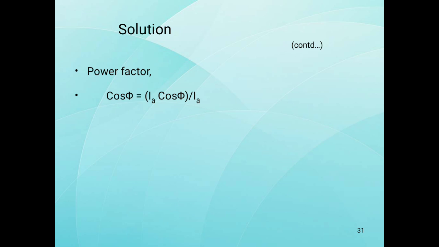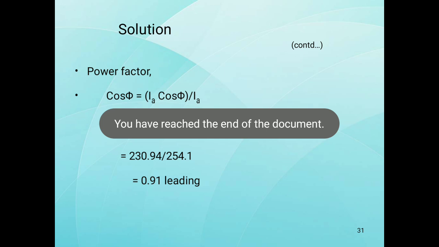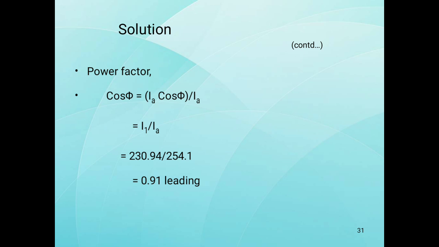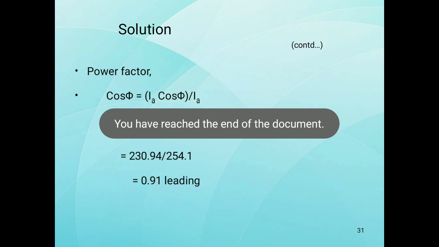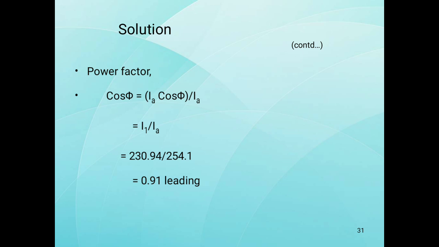Now power factor is nothing but cos phi, that is IA cos phi by IA, that is I1 by IA. Here 230.94 by 254.1, which gives the power factor 0.91 leading. This is the problem completed.